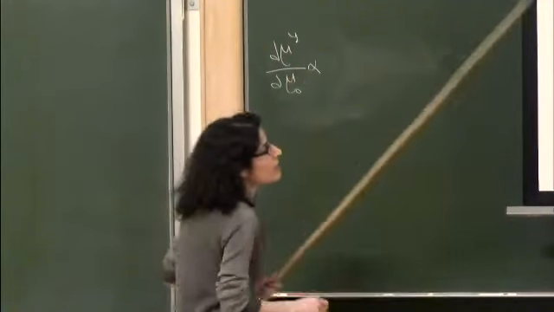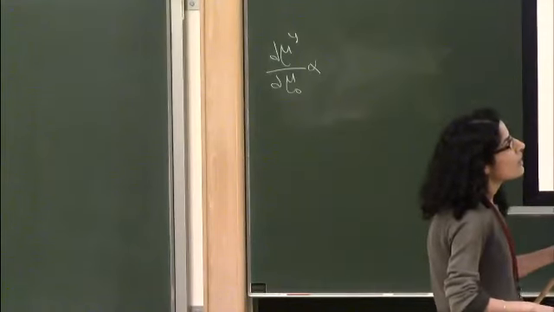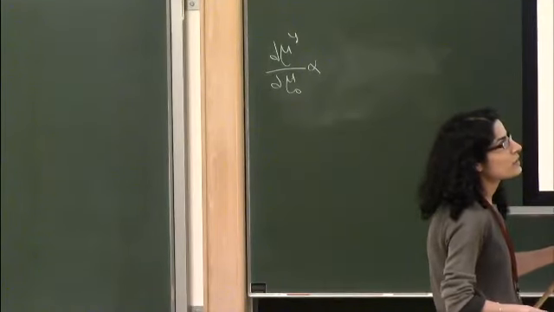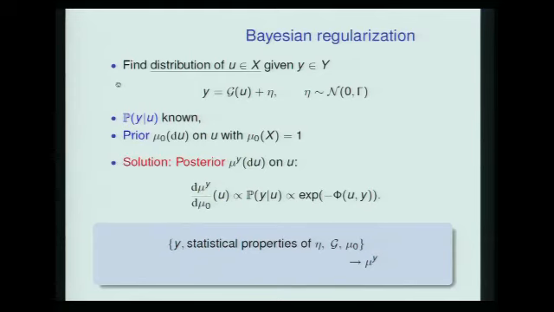Now, I have written it, this is just a notation. The likelihood is a positive function, less than 1 if your y is finite dimensional. So therefore, just as a notation, I can write it as the exponential of minus some function phi of u and y.